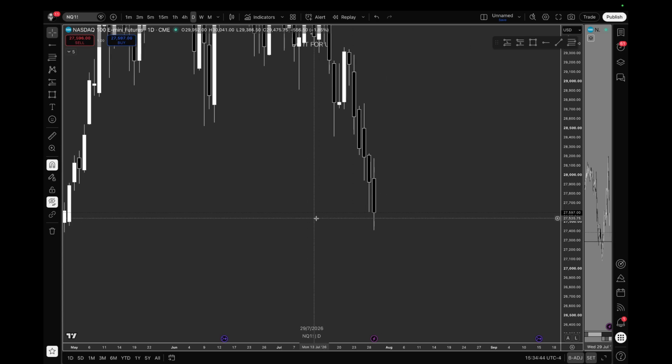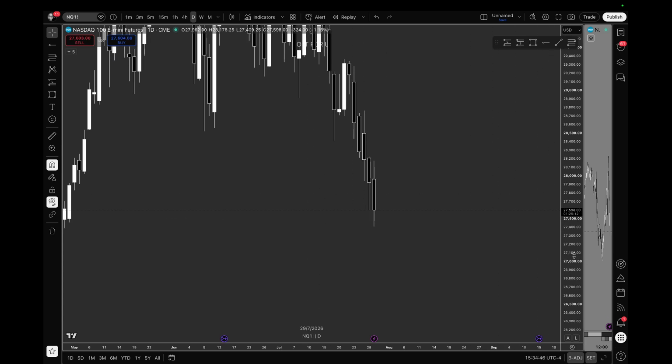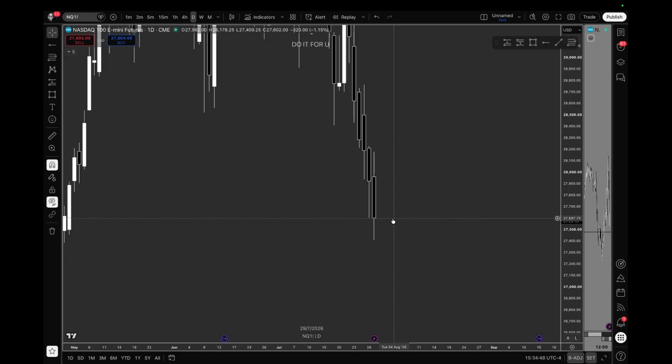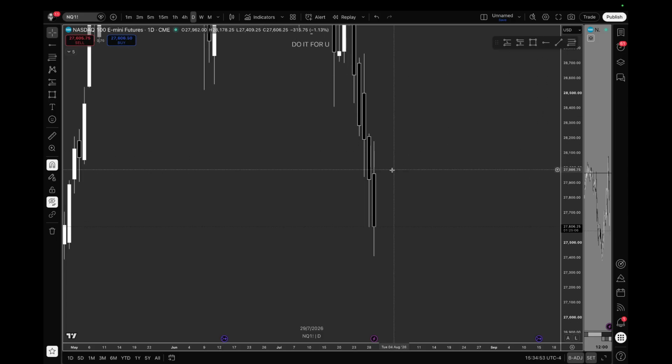how I find my bias and determine where price is more likely to draw is going to be on the higher time frames, such as the daily and the weekly, and it helps me pick trades a little bit smarter versus just trying to catch little scalps to certain fair value gaps or easy draws on liquidity.